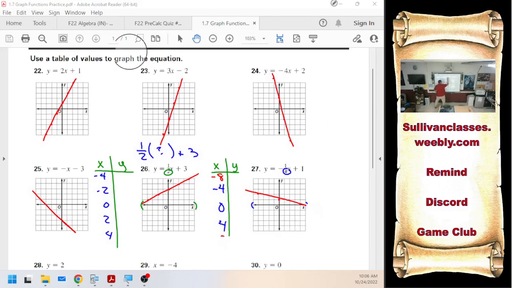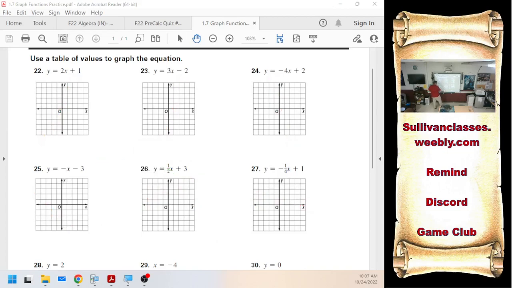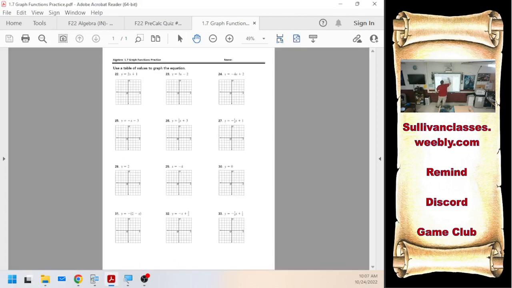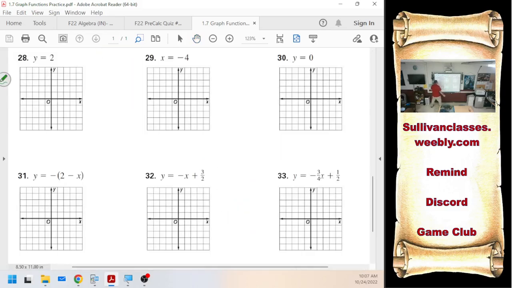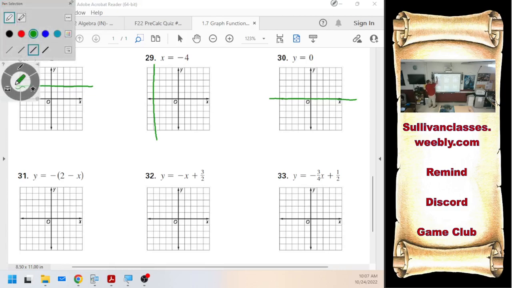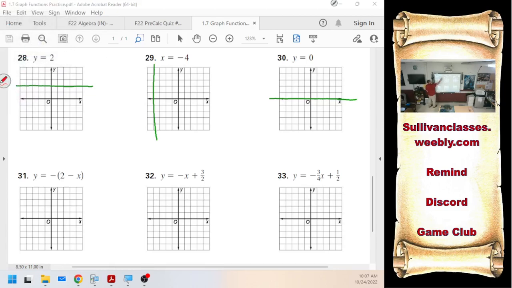Now, a good number of you had to ask about 28 through 30. And then when you found out, you're like, oh, wait, that's really easy. Okay, this is the Groot of the math world.